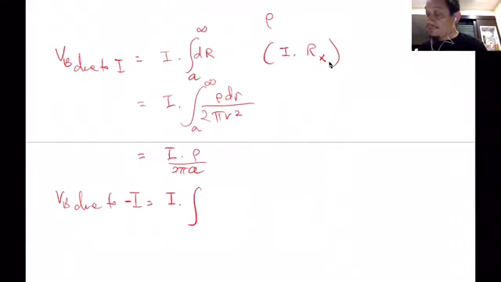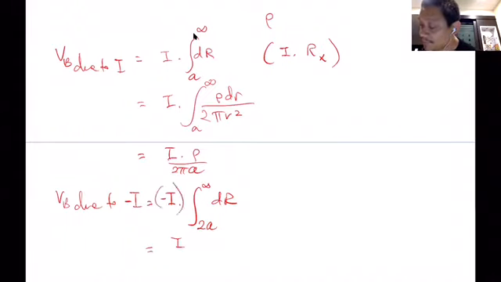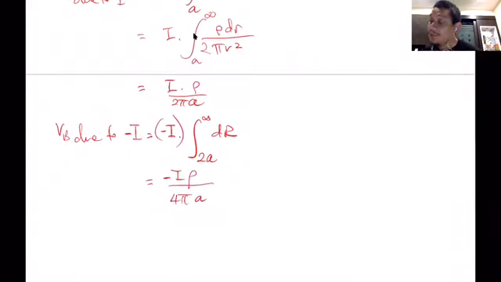What is the limit? 2A. So now do the integration. So it's I rho over 4 pi A. It should be minus, right? Minus I rho over 4 pi A.